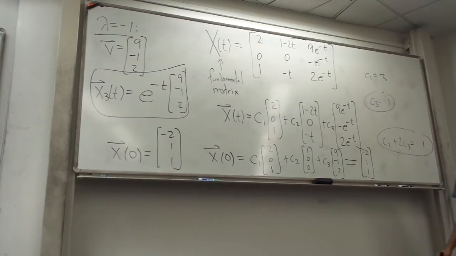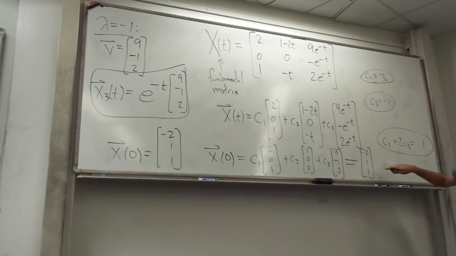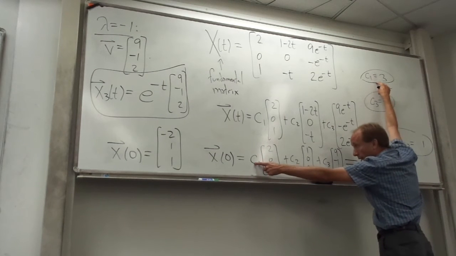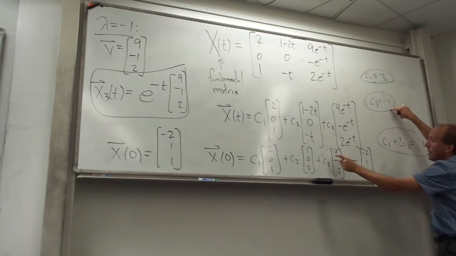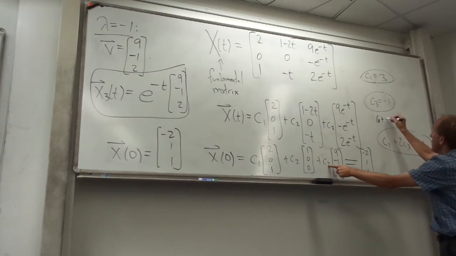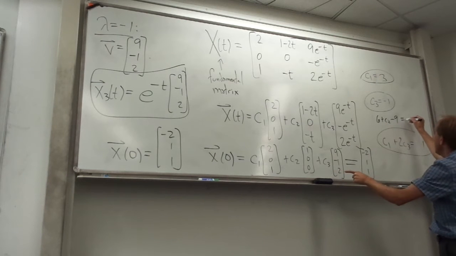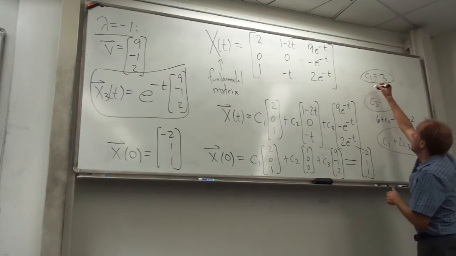Okay, great. And now, from the top row of this little system, 2 times C1, which is 6, plus C2, plus 9 times C3. So 6 plus C2 plus 9 times C3, that'd be minus 9, adds up to negative 2. So we should get C2 equal to 1.